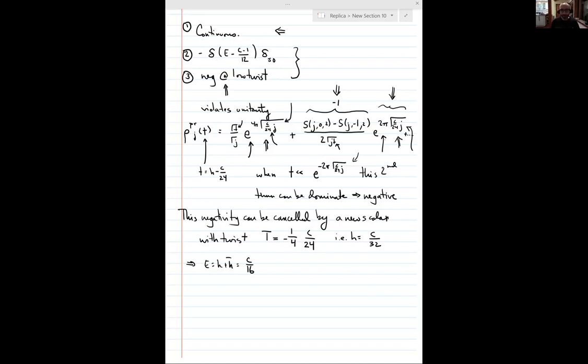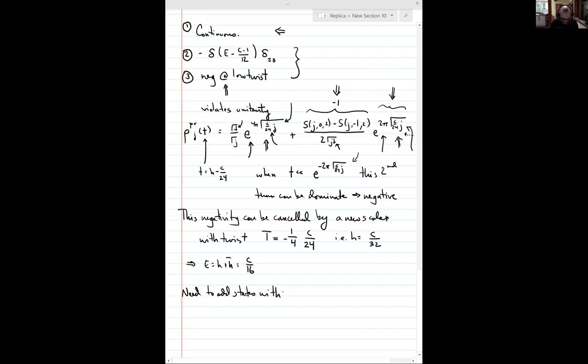Because it turns out that even if you add one state that gets rid of this particular negativity, there are other terms you need to worry about. And so here I've added one state with dimension c over 16 that cancels this particular negativity. But it turns out that we also need to add more states with other dimensions.